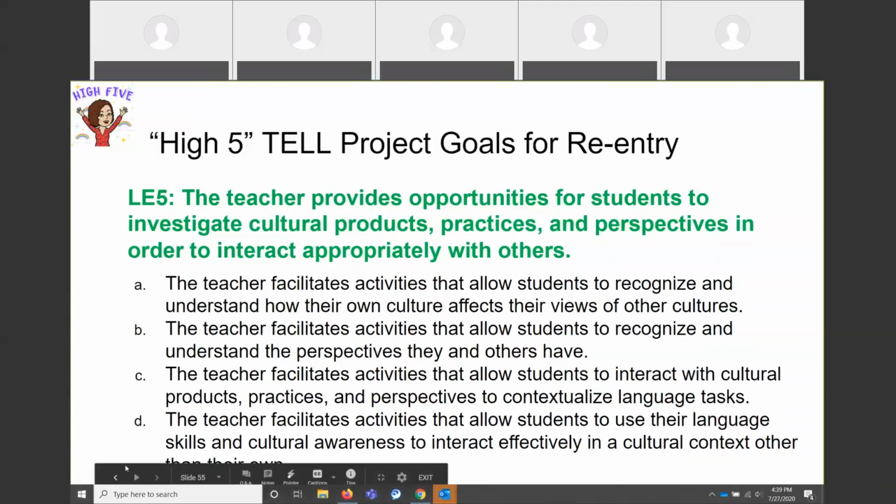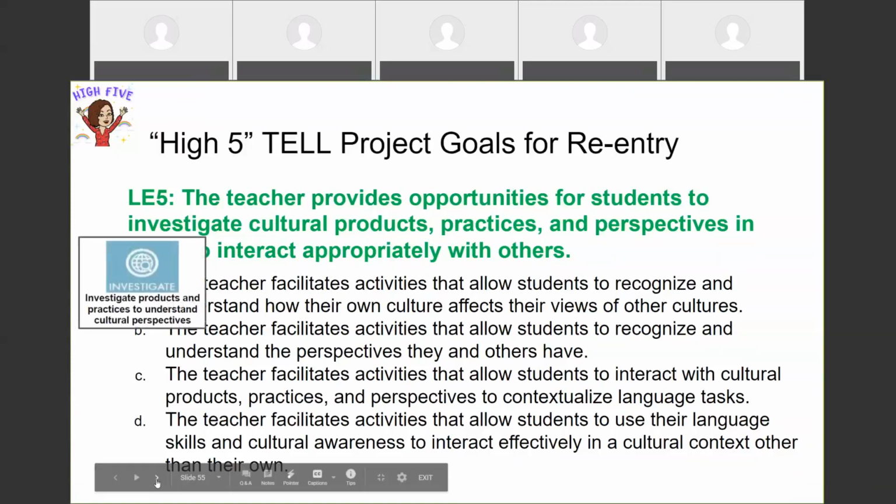So if we look at that just a little bit more deeply, hopefully, you'll often see this little investigate icon, which comes straight out of the NCSSFL-ACTFL Can-Do statements, because when we talk about the intercultural investigations piece, that's investigating the products and practices to understand those cultural perspectives.